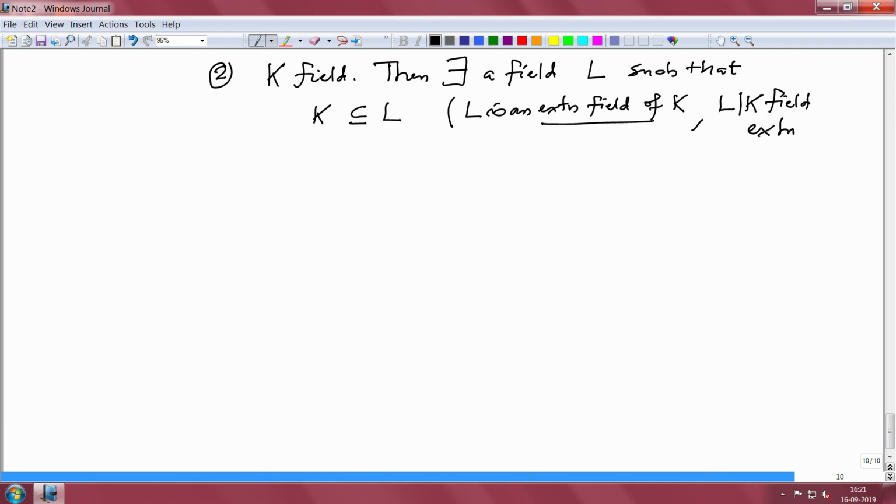This simply means L is a bigger field. That means the plus and dot in K are extended to L, the same plus and dot operations are there, but on the bigger set. Such a thing is called a field extension. So, this says if K is a field, then I can always find a bigger field L such that L is algebraically closed.